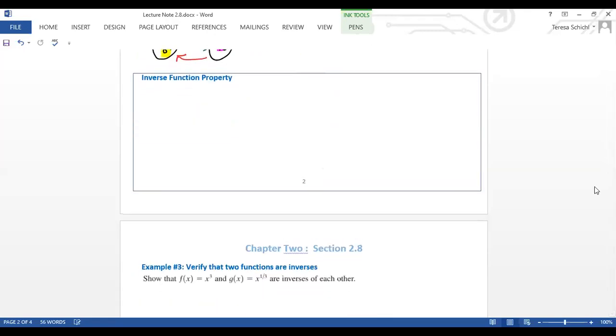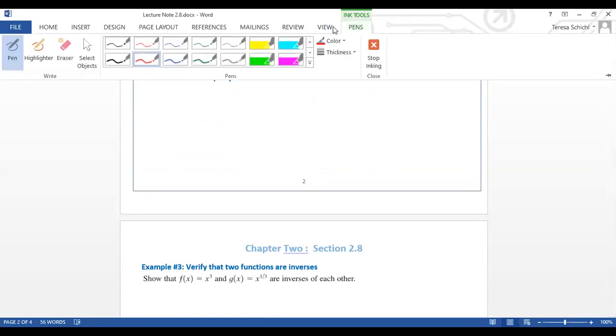So the next thing, how do I check? What are the inverse properties here?